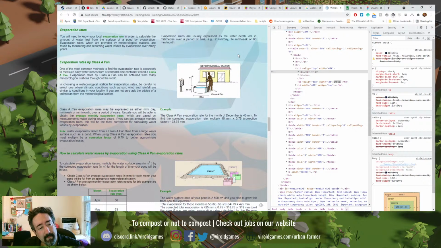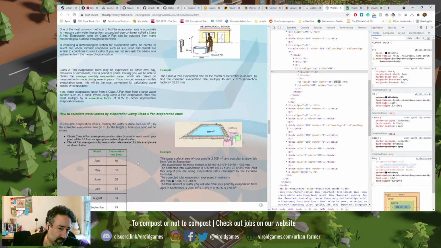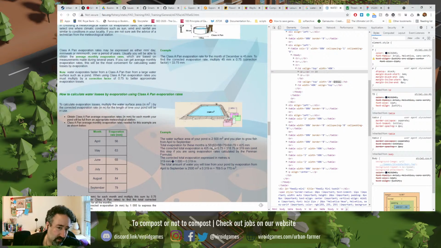Interesting. Yeah, multiply the water surface area, which I did. So yeah, here's an example.